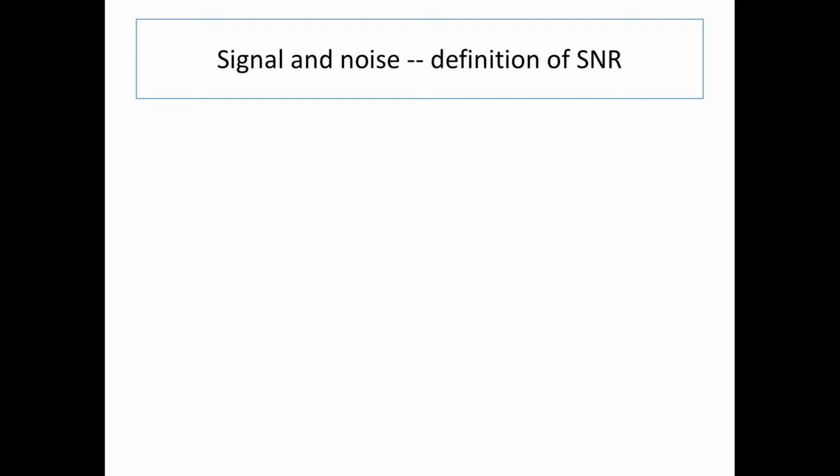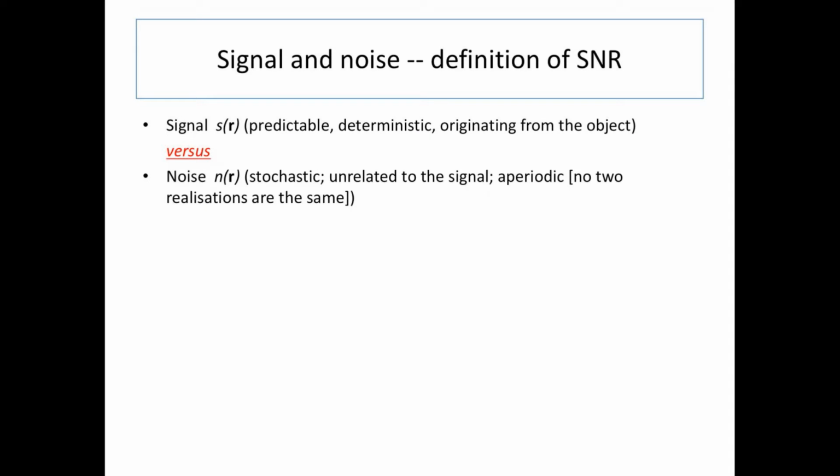So I'm coming more narrowly into some concepts that are very important to know. Signal to noise. What's the definition? Well, the signal is a predictable, deterministic part which originates from the object, and the noise is stochastic, unrelated to the signal, and aperiodic, which means that no two realizations are the same.